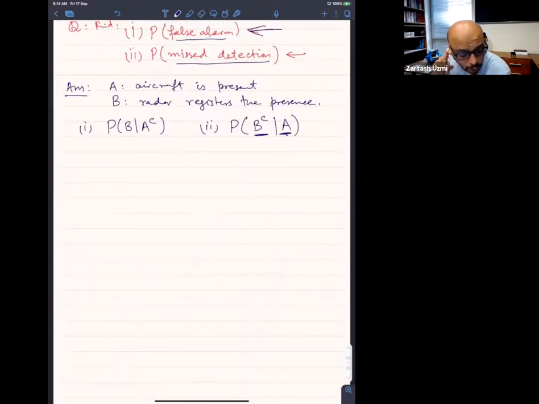again, I'm going to draw the tree diagram here. Okay, aircraft present or aircraft not present.